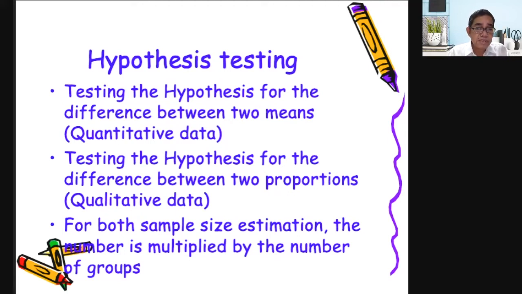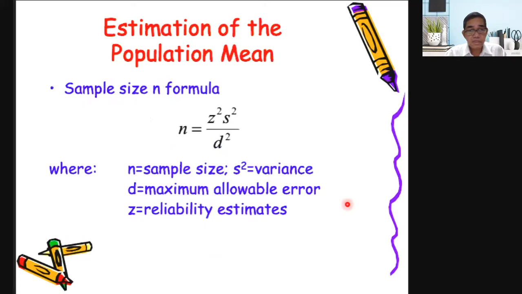For both sample size calculations, the test of hypothesis for the difference between two means and the test of hypothesis for the difference between two proportions, the sample size that we calculate is multiplied by the number of groups. So if we have two groups, we normally multiply the resulting n by the number of groups.